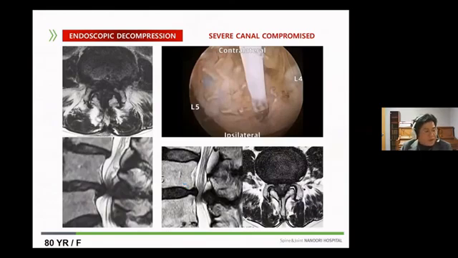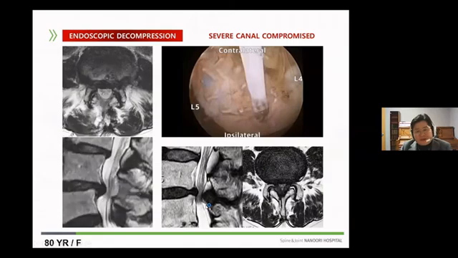This leap forward in the development of endoscopic decompressive surgery can be said to be the optimal treatment for the healthy age of 100 years, since it is possible to effectively resolve the region while minimizing surgery-related complications even in severe spinal stenosis like this 80-year-old, in an elderly patient like this, you can see here.